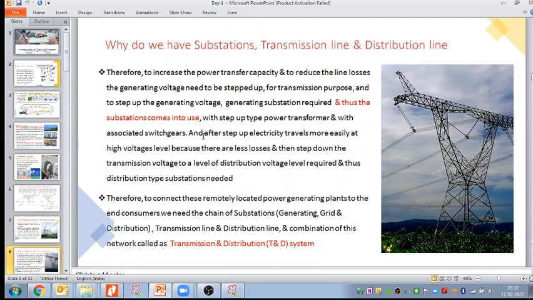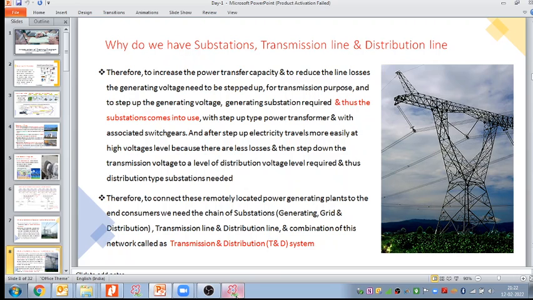After step up, when we increase the voltage level, electricity can travel more easily at the high voltage level because there are fewer losses. Then, for the distribution level, we need to step down the transmission voltage, and therefore again require distribution type substations.